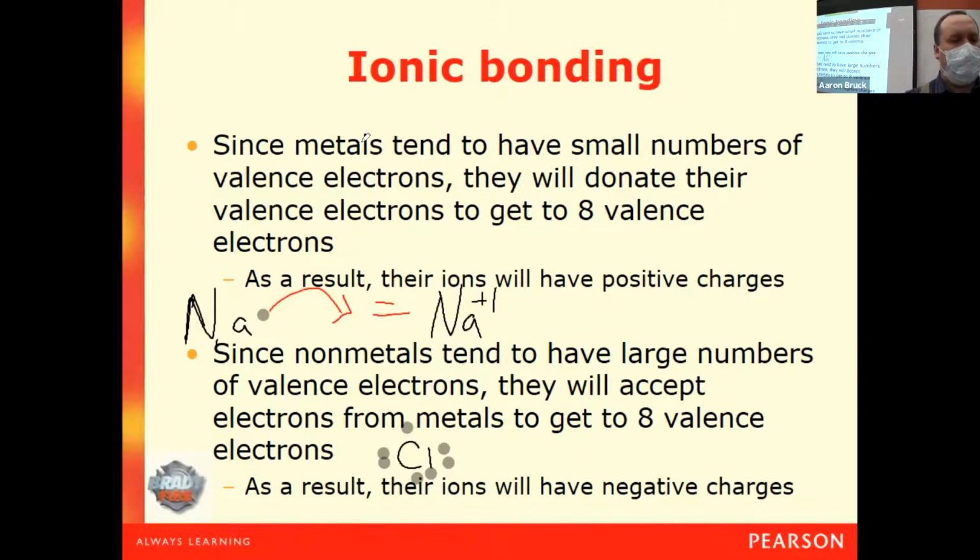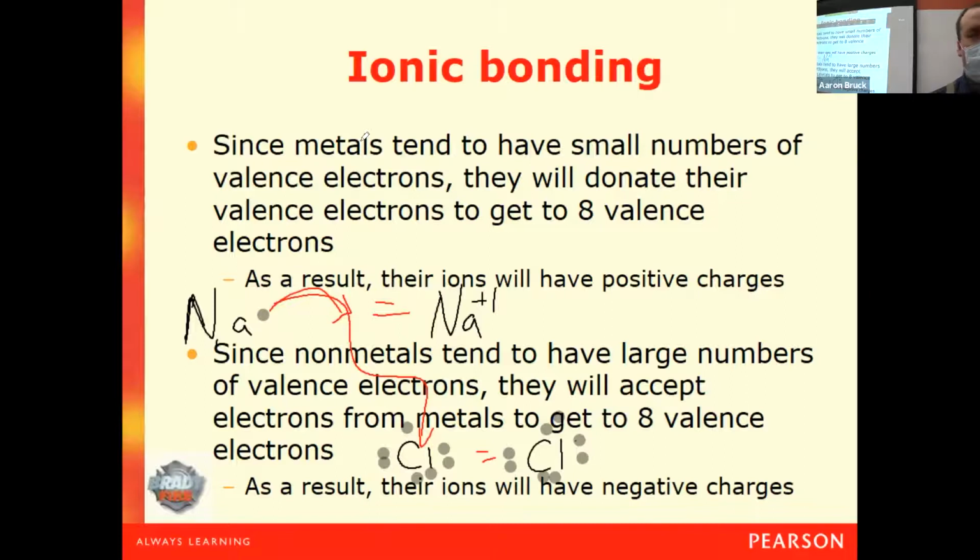And so if it adds an electron, say it adds this electron that the sodium was willing to give away, the net result is a chlorine ion with now 8 electrons around it.